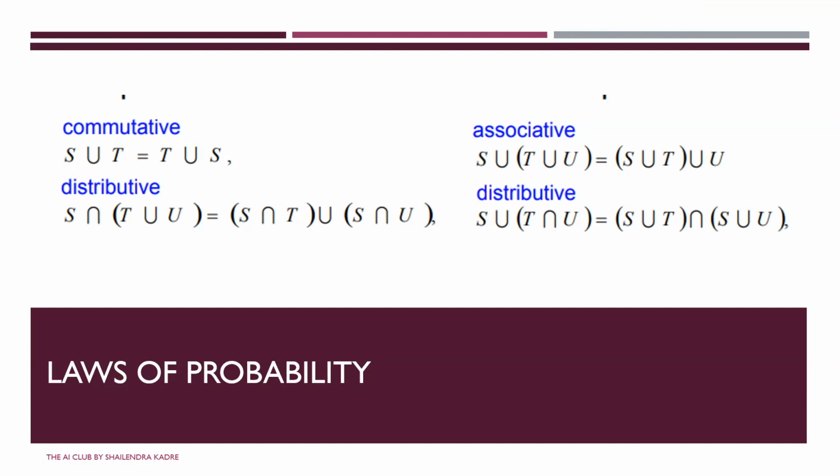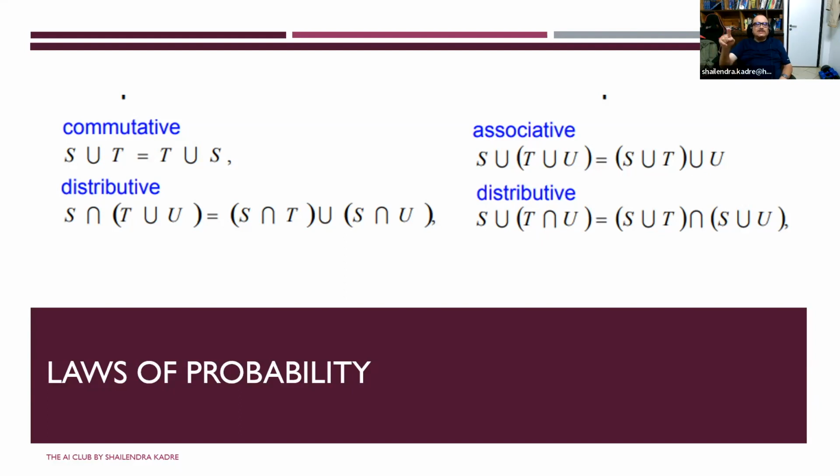S is a probability, T is a probability, and U is a probability. It's just like your set things here. If you remember your algebraic law, A into B plus C. If you open it, A is outside into B plus C inside the bracket. How will it open?